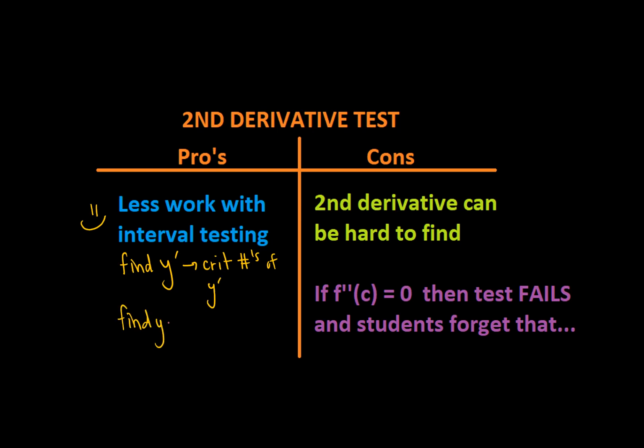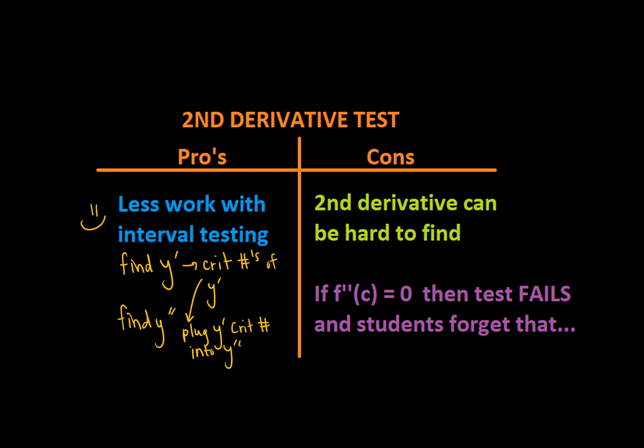Then you find your second derivative, and you take those critical numbers and plug them into y double prime. So it's a little bit faster than having to do all those test points.